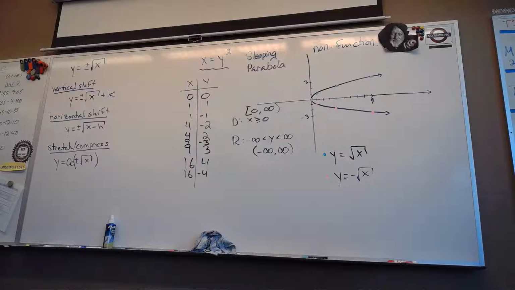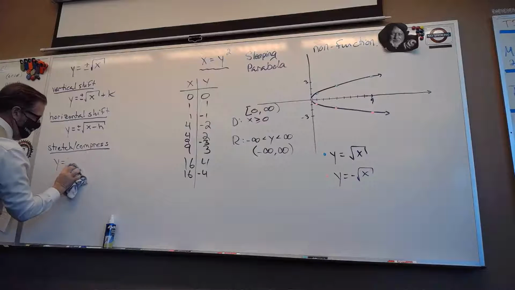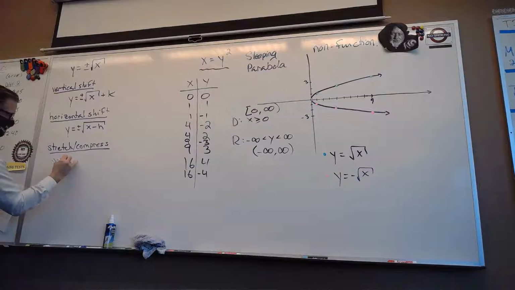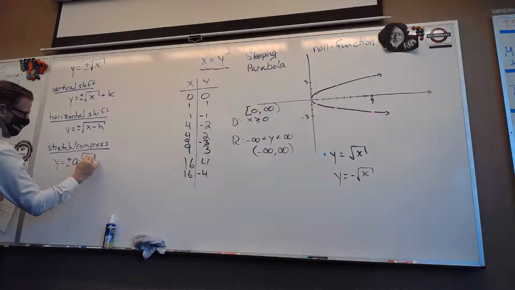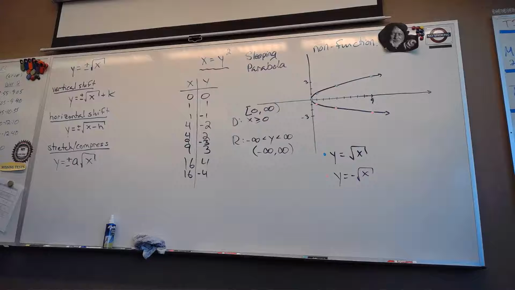It sure looks like I'm adding or subtracting something. So I gotta be really, really careful here. The easy way to do it is to just go plus or minus a square root of x. And since a can be positive or negative, it doesn't actually change anything. I've still got a plus or a minus. If I put in a negative, it still becomes a plus or a minus.